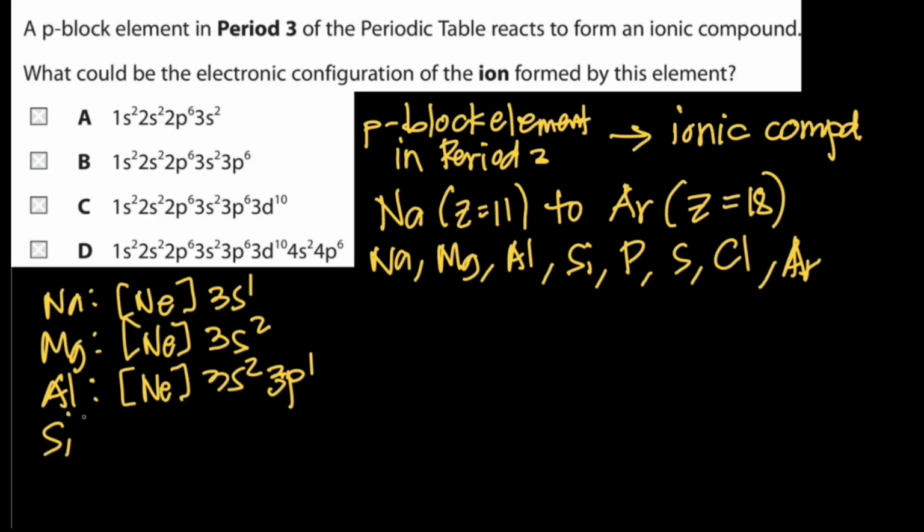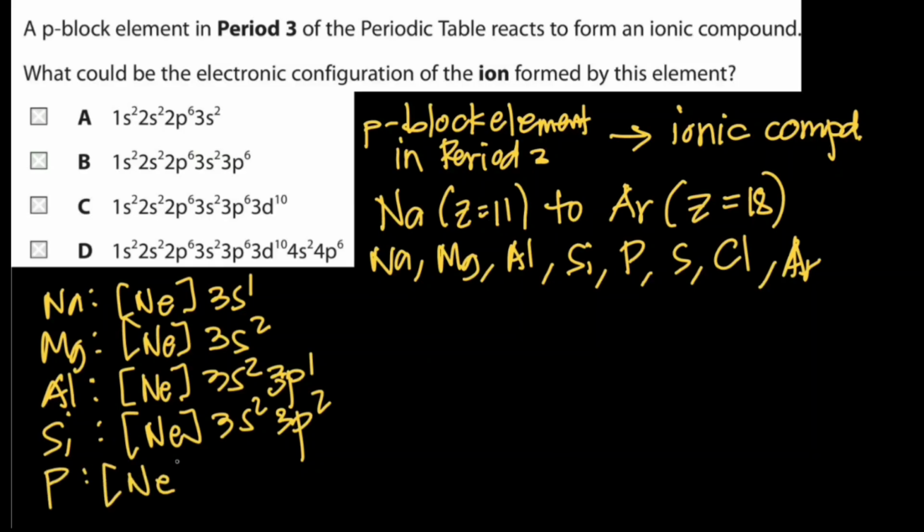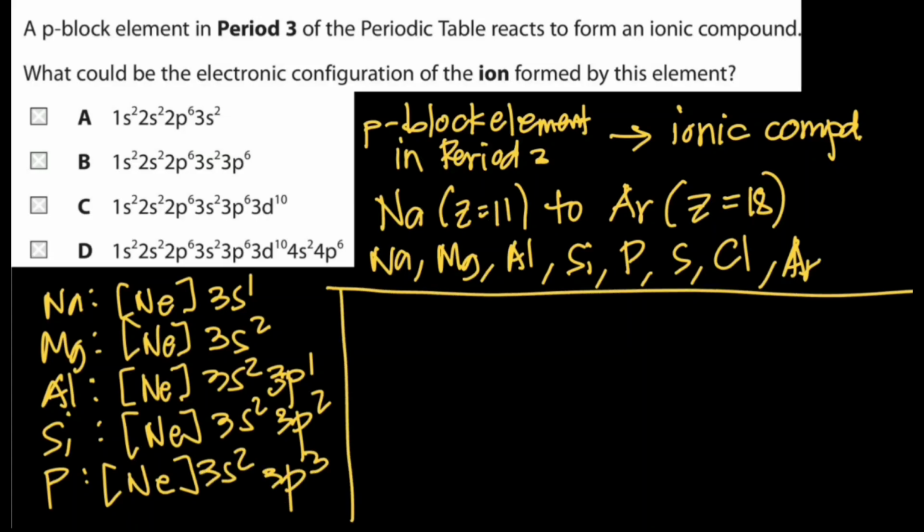For silicon, this is 3s2, 3p2. For phosphorus, that is 3s2, 3p3. For sulfur, that is 3s2, 3p4. Now I'm only writing the shortened one. You can use the Aufbau principle to write the expanded electronic configuration.